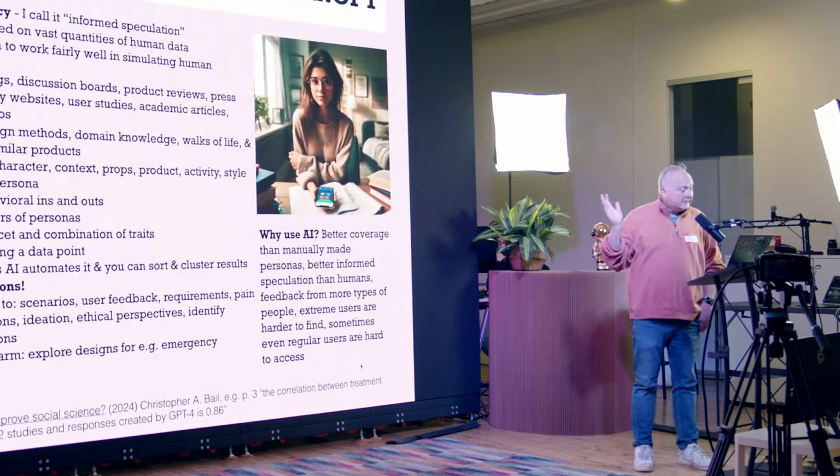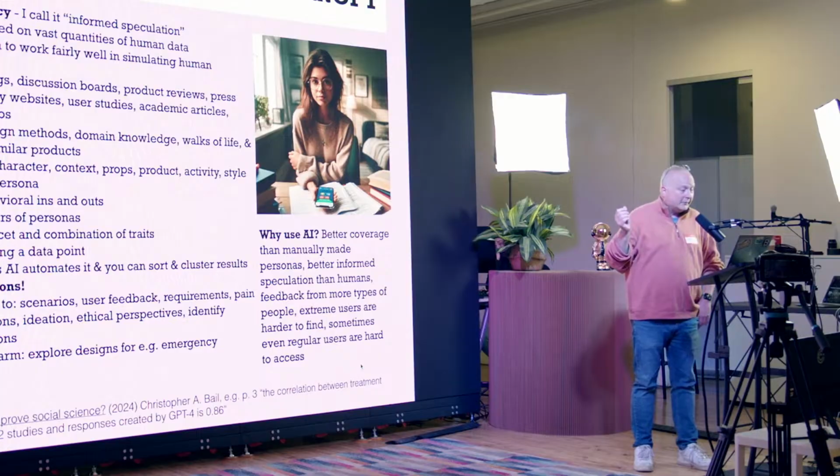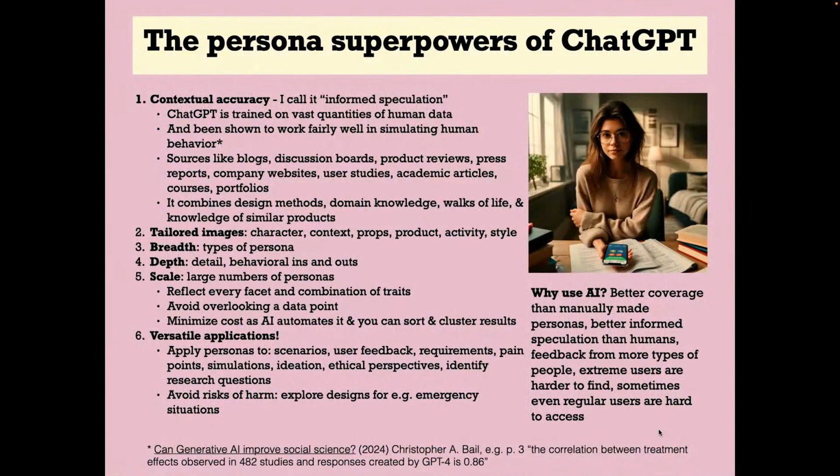I'll start with my main overview slide. This covers the persona superpowers of ChatGPT. First, contextual accuracy. The really interesting question is, if you just ask ChatGPT to make personas, are those any good? When it says Jack did this, Jack said that, is that any good?